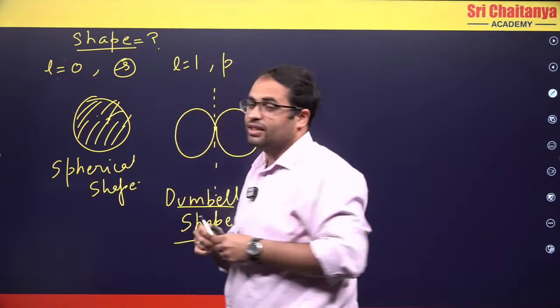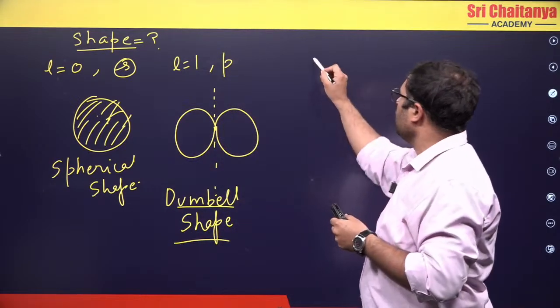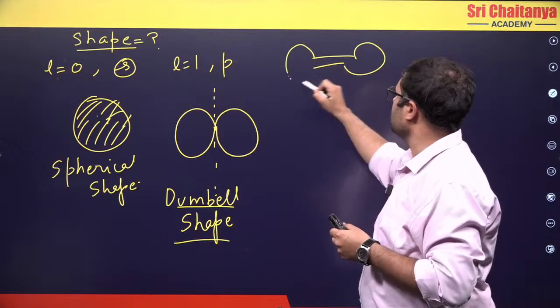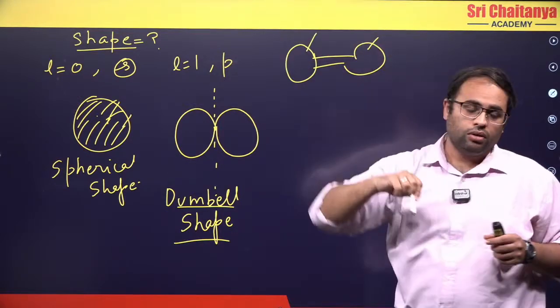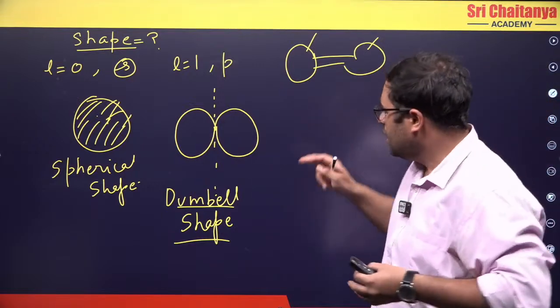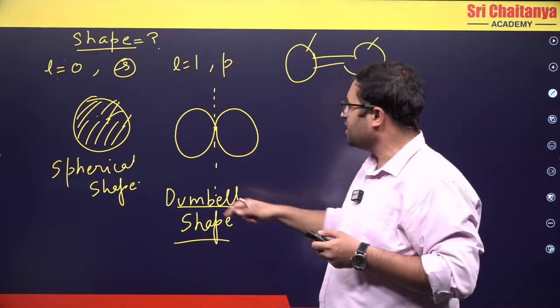See, dumbbell means the dumbbells which we use to build muscles, right? It has two solid spherical parts, so it has a dumbbell shape.